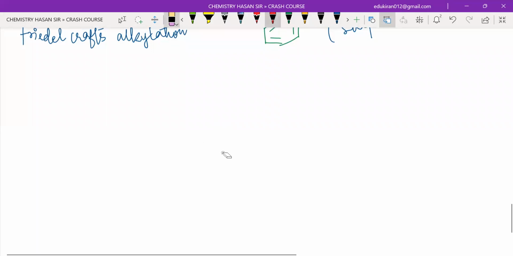Basically, the previous question was based upon only benzene, and now I'm going to attach a group to the benzene, that is toluene. I'm going to attach CH3. This is your toluene.